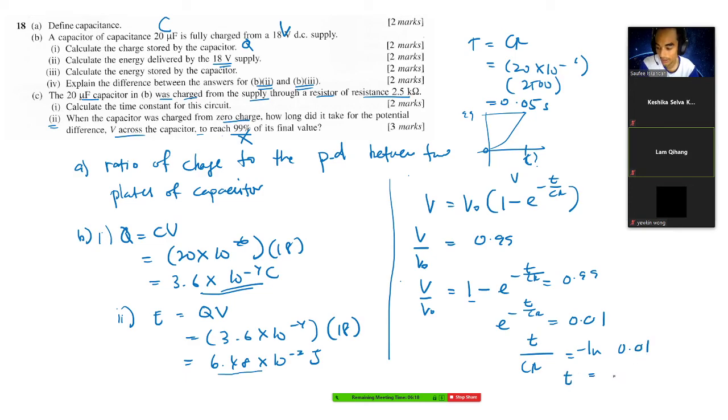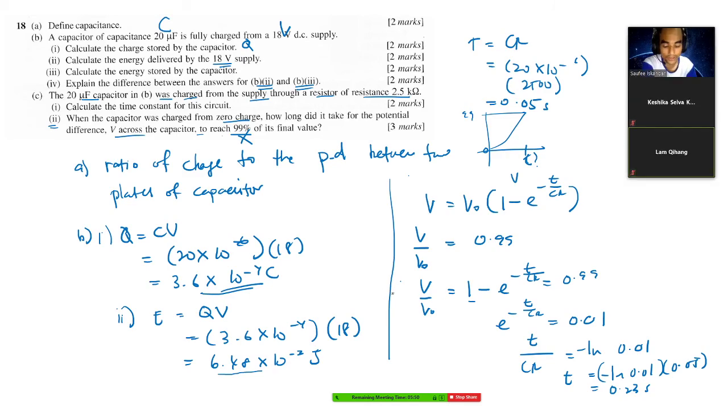So T equals negative ln 0.01 times 0.05, then the time will be 0.23 seconds. So it takes 0.23 seconds from 0 V, initially 0 V, until 99% of V.